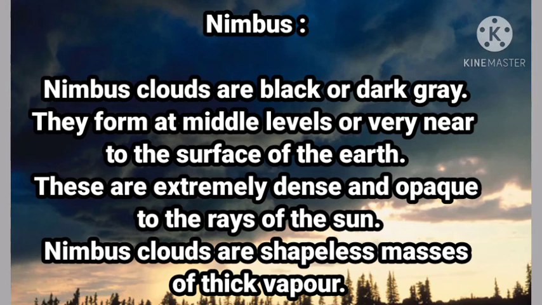These are dark grayish and characterized by gentle drizzle. These clouds are thick enough to blot out the sun. They occur between 900 meters to 3000 meters above sea level.